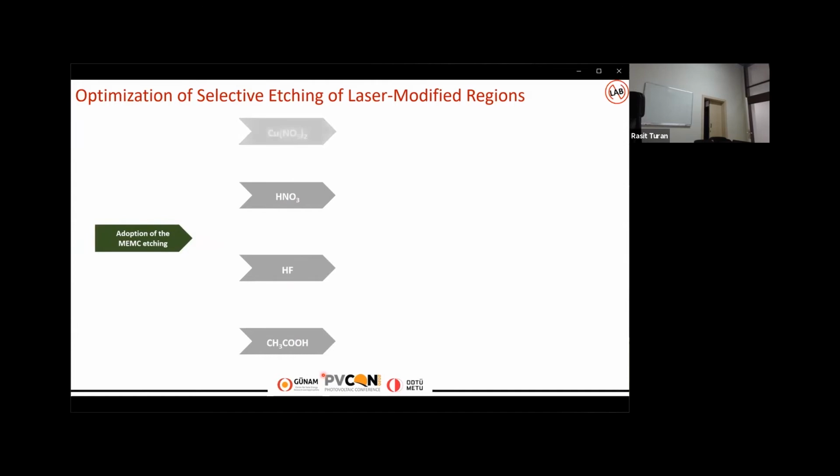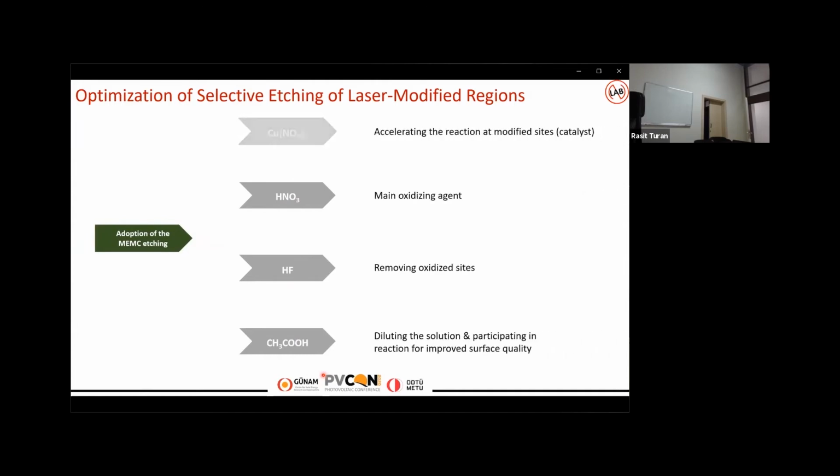In this solution, we use copper nitrate as a catalyst accelerating the reaction at the modified site, nitric acid as the main oxidizing agent, hydrofluoric acid for removing the oxidized part, and acetic acid for the smoothness of the surface morphology and diluting the solution.